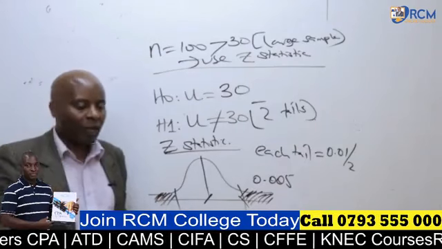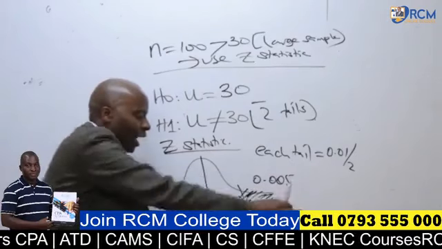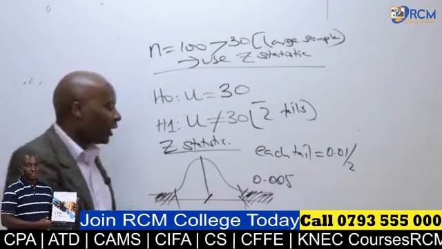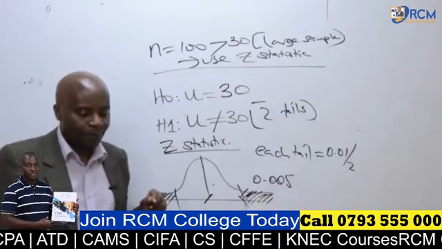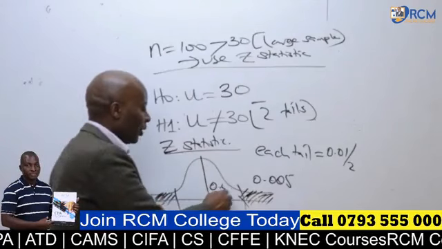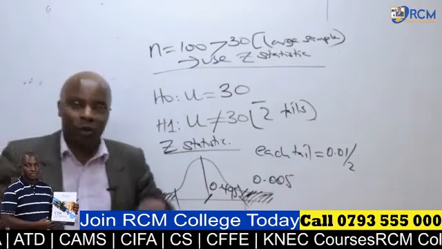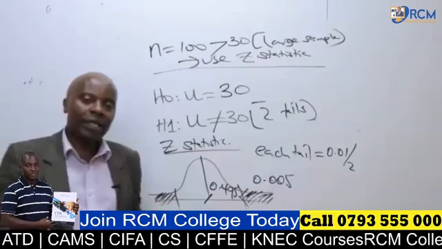So 1 divided by 2 gives me 0.5. Then we have this small shaded area, 0.005. Therefore this one will be 0.5 minus what is here. This gives me 0.495.